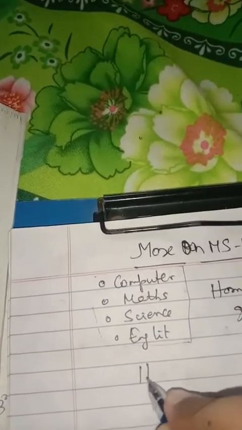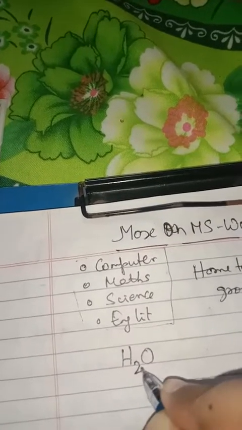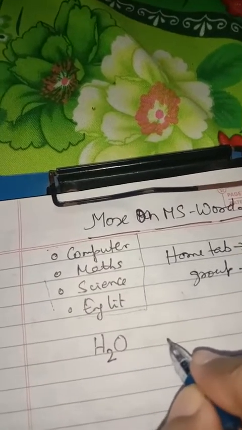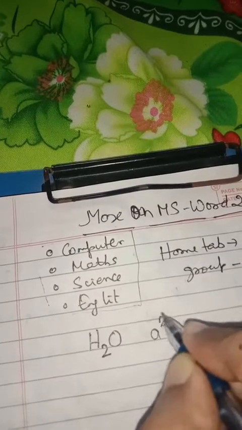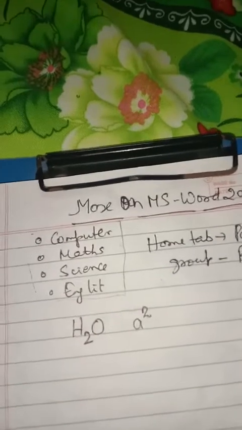What is the difference between subscript and superscript? In subscript the selected text appears below the normal text, and in superscript the selected text will appear above the normal text line. So this is superscript and this is subscript.